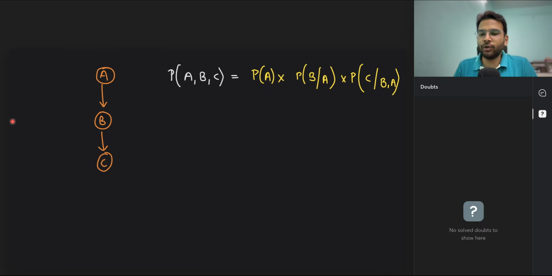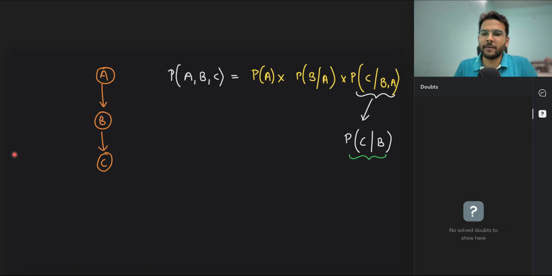But I told you in the Bayesian network lecture that instead of writing this, it can be written simply as probability of C given B, because this is the assumption we have. And this assumption is what we call the Markov property in a Markov chain.